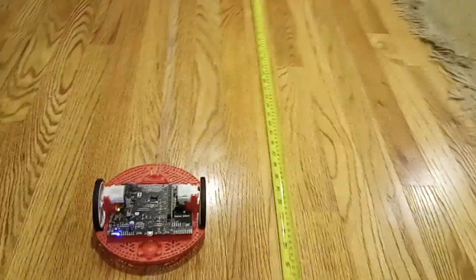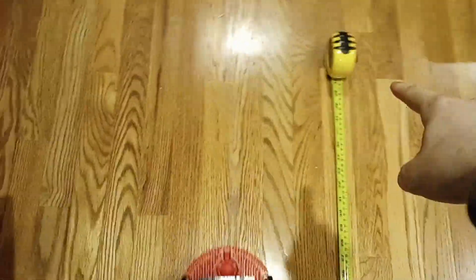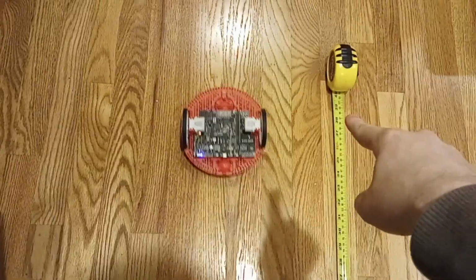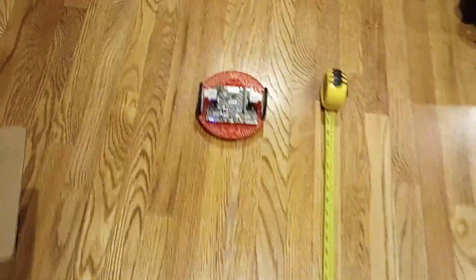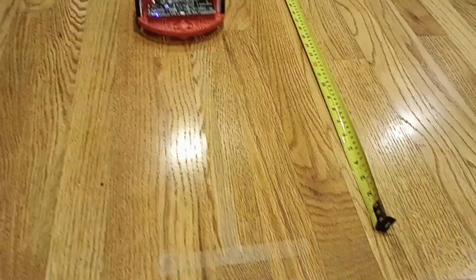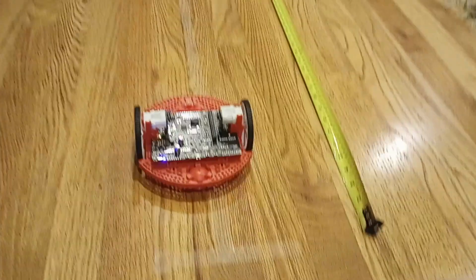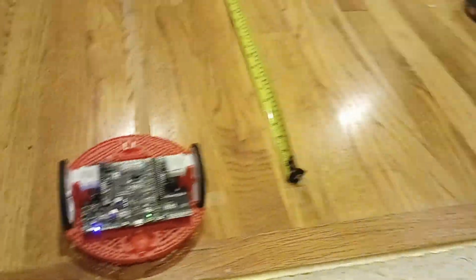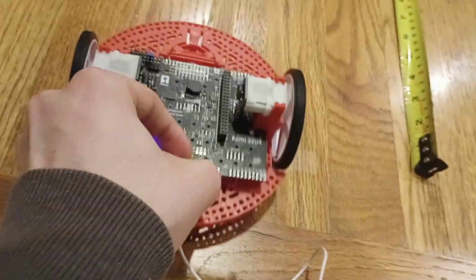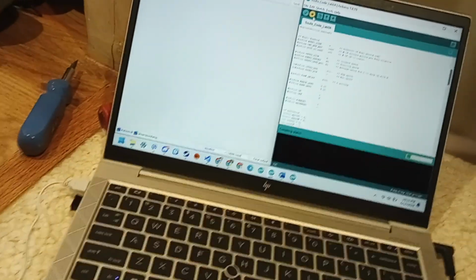Waits 2 seconds, drives forward to 100 centimeters, and then it drives backwards after waiting 2 seconds. Now if we go ahead and plug it in, we can see the serial monitor's outputs.